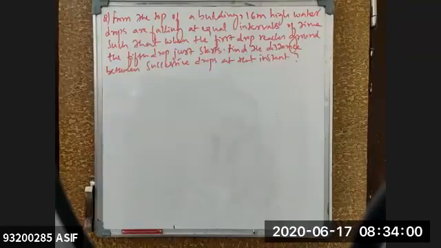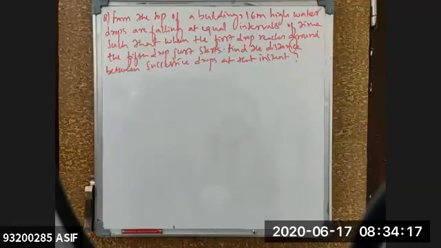See the question, beta, everyone. From the top of a building, 16 meter high. So how much is the building's height? 16 meter high. Water drops are falling at regular intervals of time. That means the time interval is the same, such that when the first drop reaches the ground, the fifth drop just starts.